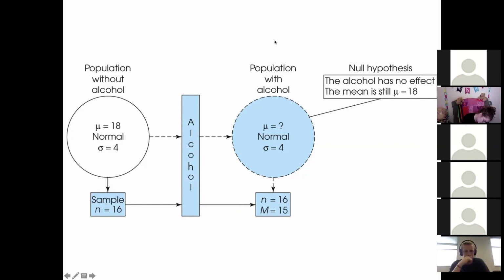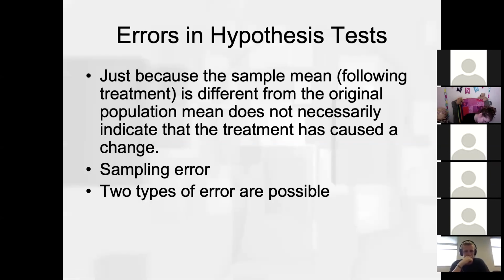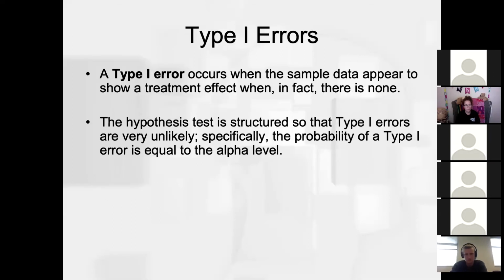Just because the sample mean following that treatment is different from the original population mean does not necessarily indicate that that treatment has caused change. Like we've already talked about, it could just be sampling error. However, we can also have this classification of 2 different types of errors, right?